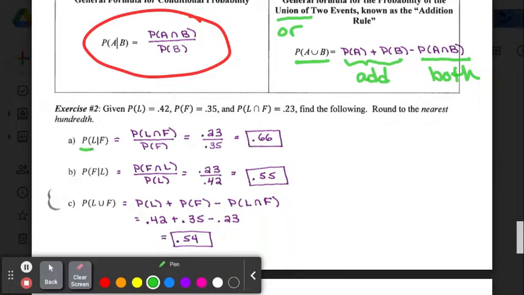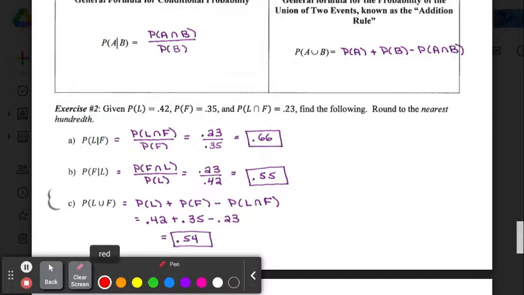So this first one, probability of L given F. If we look back up here, I used this formula, just using L and F instead of A and B. So the formula is the probability of both divided by the probability of F. I have 0.23 over 0.35, and that simplifies to 0.66.